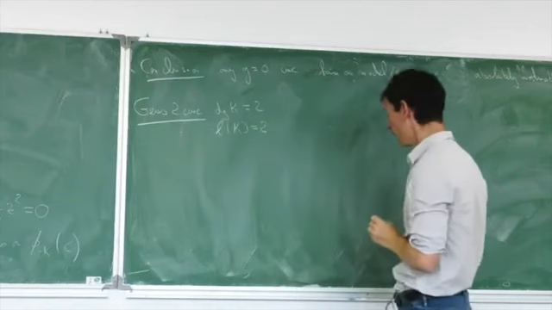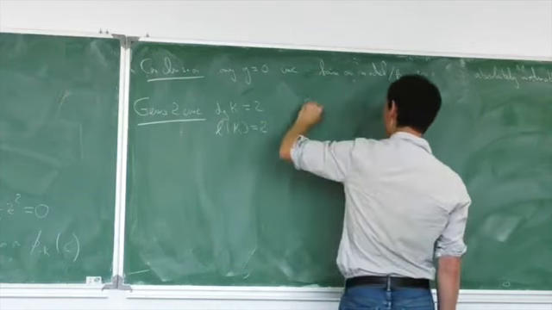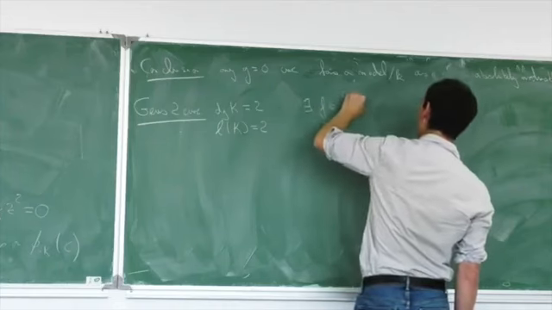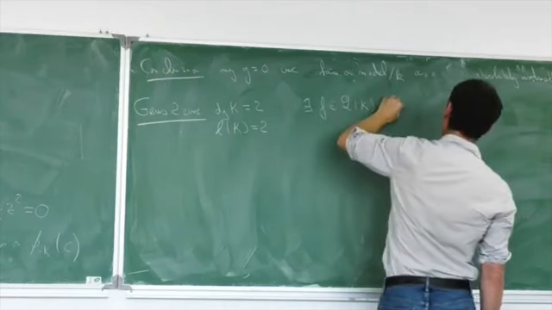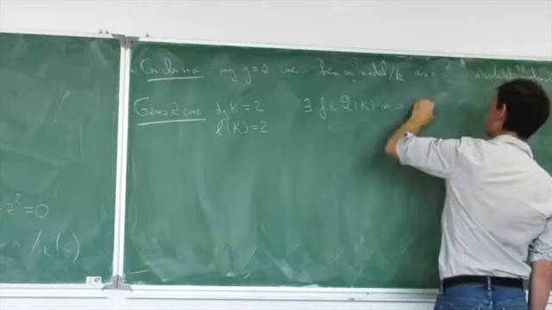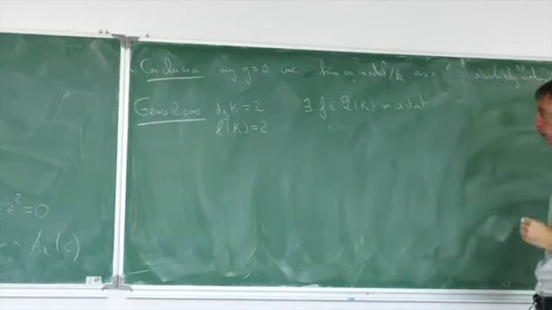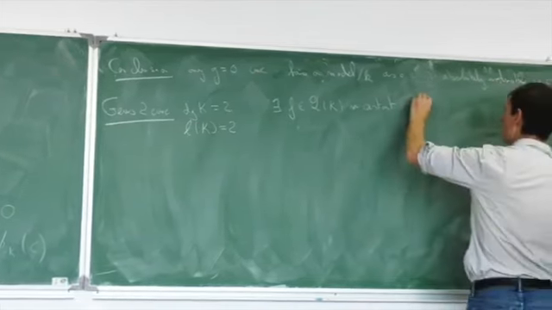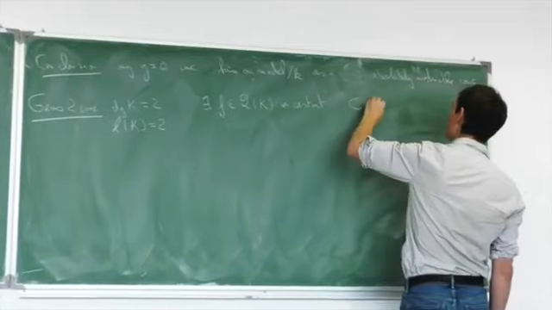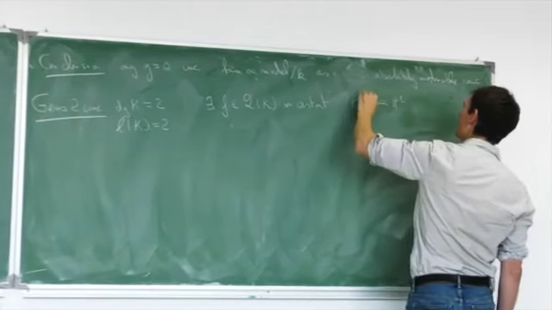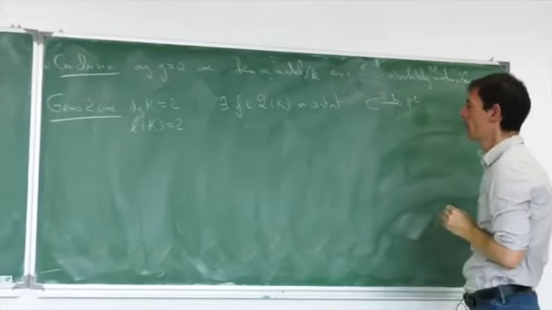So it means that there exists f inside L of kappa non-constant, and I can use this function to get a map from C to P1 of degree 2.